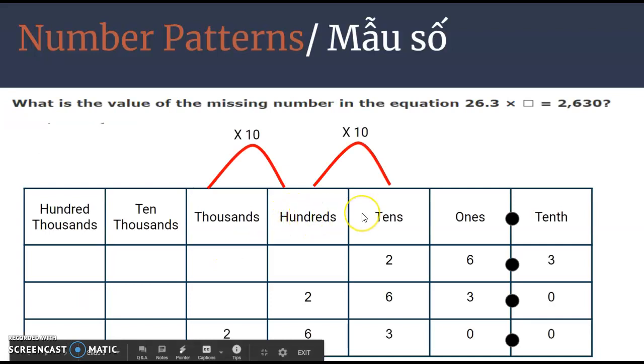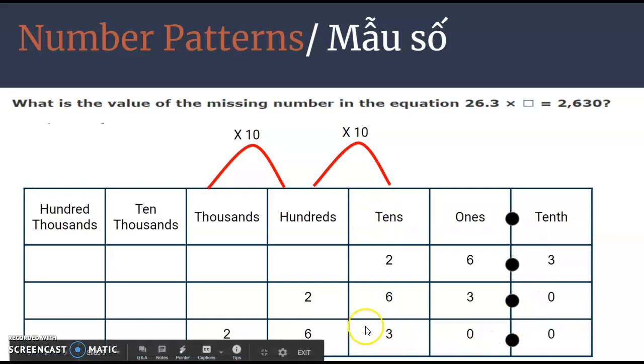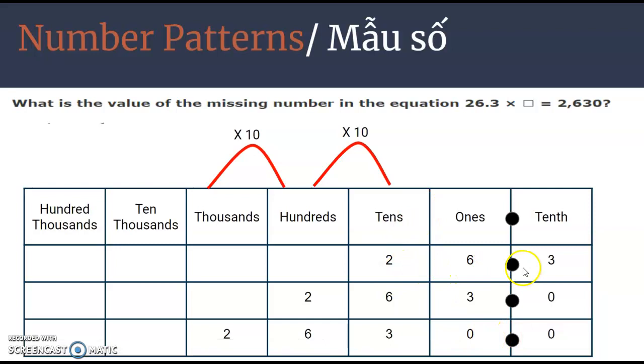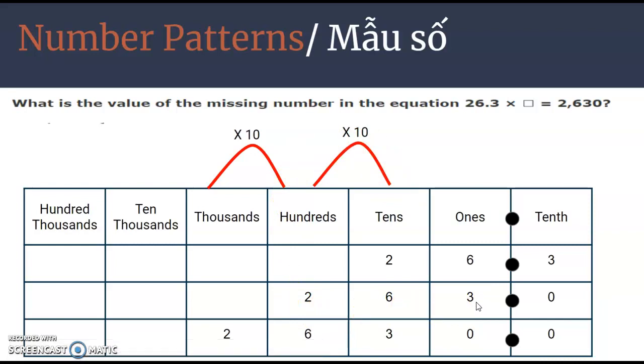Okay, so that's where our place value chart really is going to come in handy. So I'm going to put on my place value chart 26 and 3/10. I need to get it to 2,630. So if I multiply 26 and 3/10 times 10, I get 263. I'm getting close.